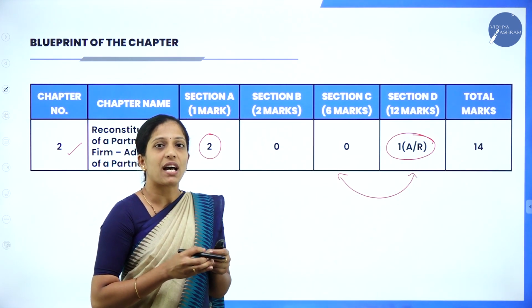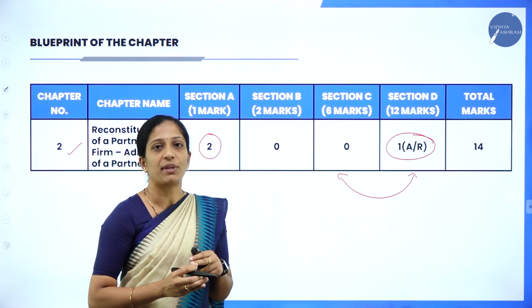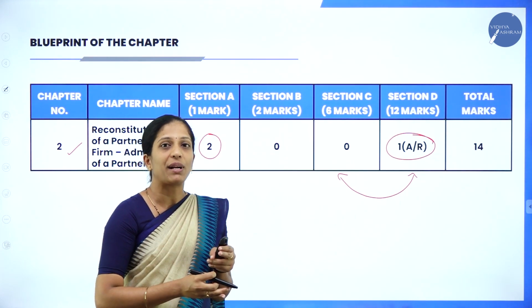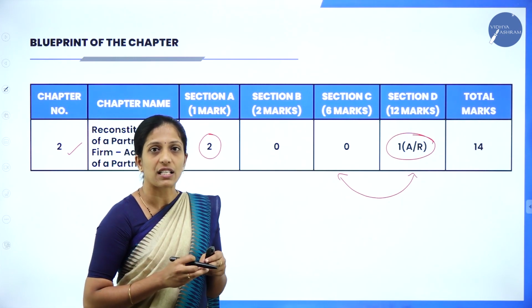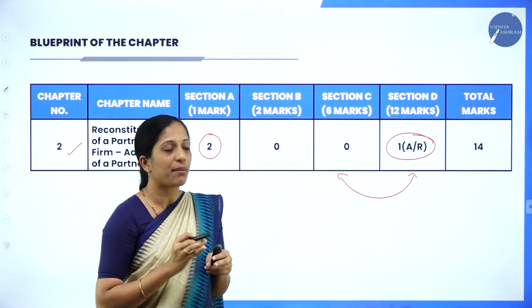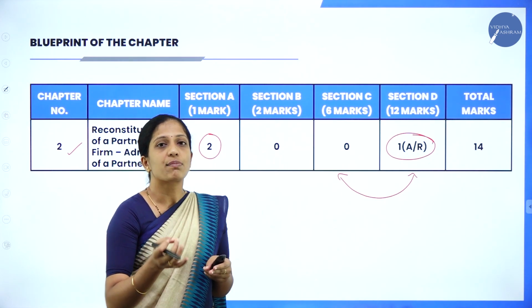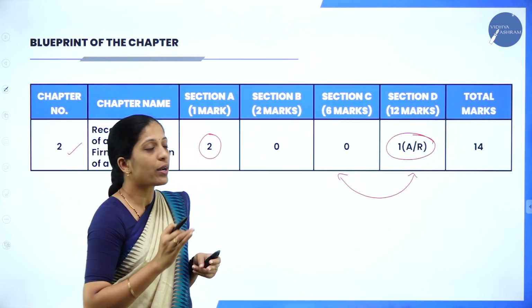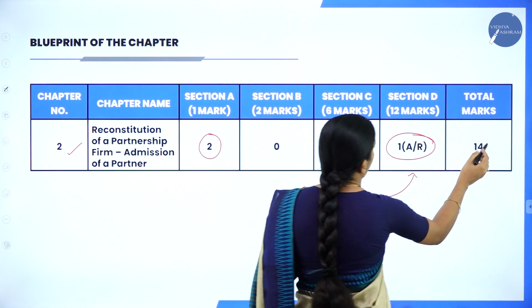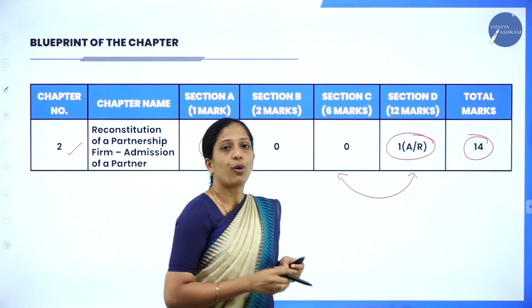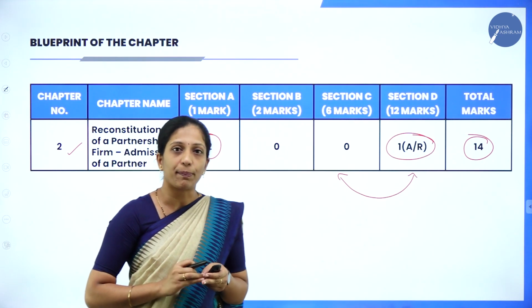If they ask 6 marks from admission, you will get 12 marks from retirement. If they ask 12 marks from admission chapter, then you will get 6 marks from retirement. But most of the time they have asked 12 marks question from the admission chapter and 6 marks from retirement. So the total weightage of this chapter is 14 marks. Hope you are clear about the blueprint of the paper.